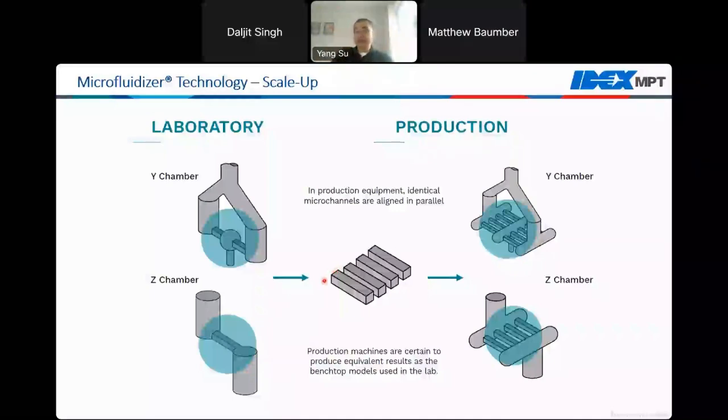What we do is keep the microchannel dimensions, but use a parallel line of multiple channels. By using this type of design, as long as you keep your processing conditions the same, especially the processing pressure, the materials will receive exactly the same high shear treatment inside each microchannel, hence achieving guaranteed scale-up results.